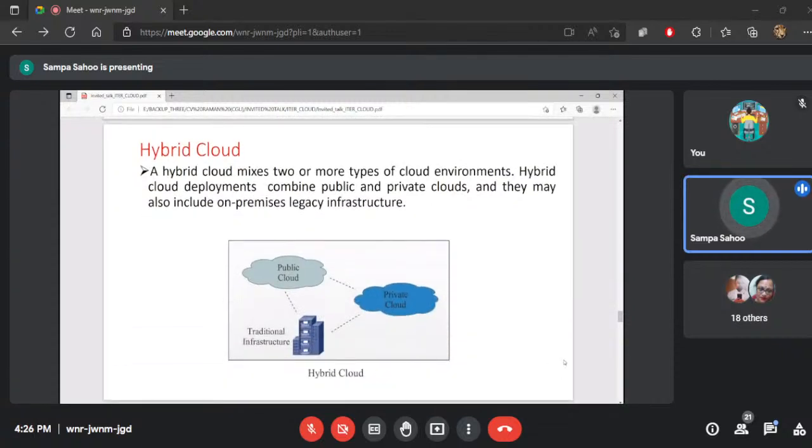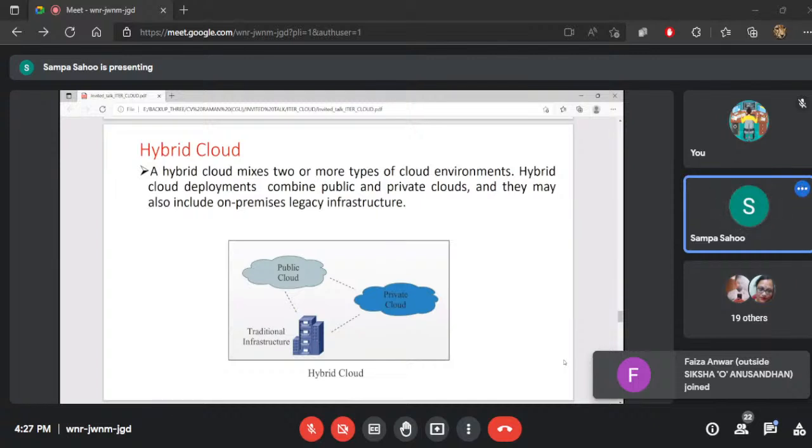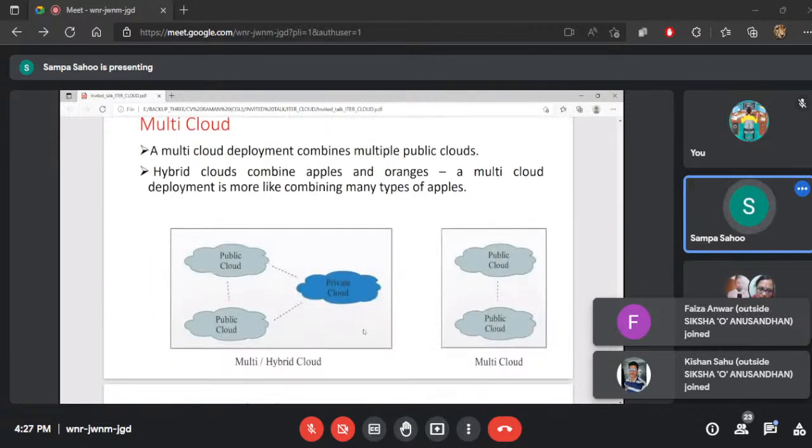Okay. Next comes the hybrid. As you know, hybrid means it must be a mixture of two different types of things. So in case of hybrid cloud, it is a mixture of two or more types of cloud environment. It can be a combination of public cloud, private cloud, or even the traditional infrastructure can also be included. So that will make the hybrid cloud.